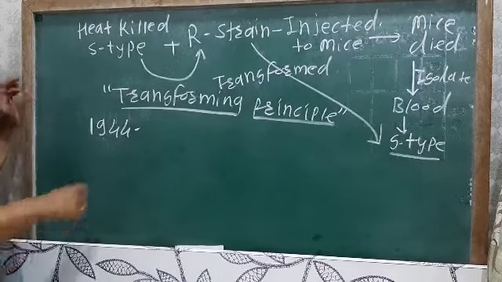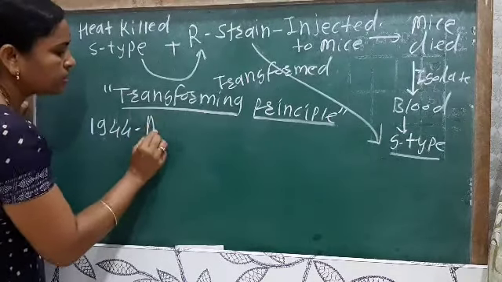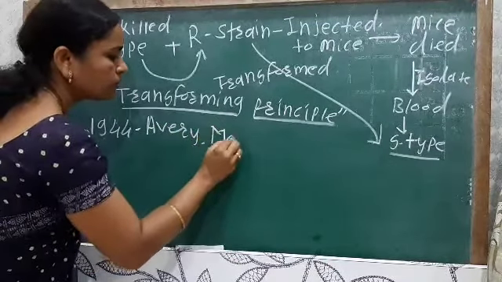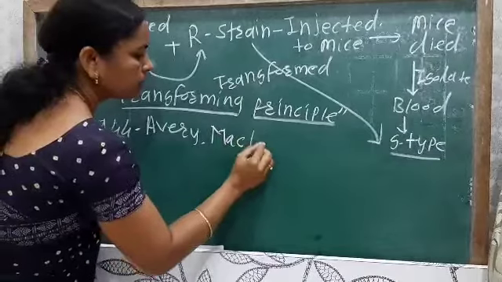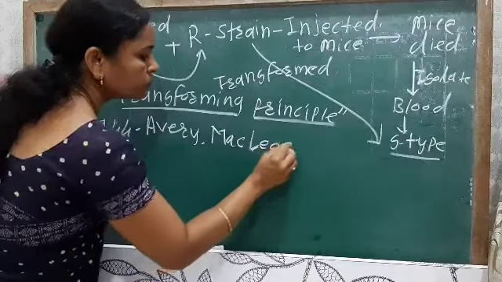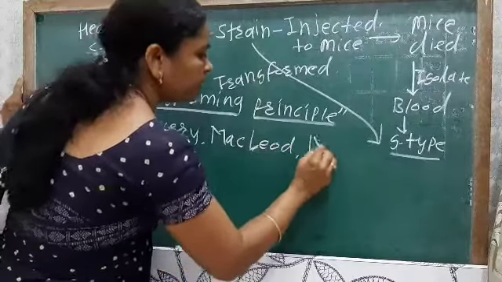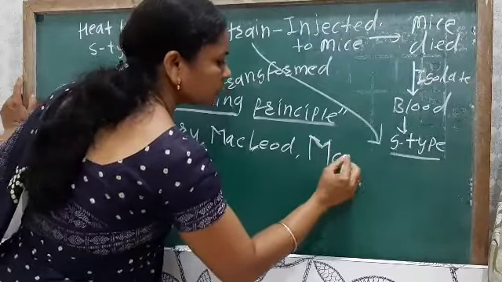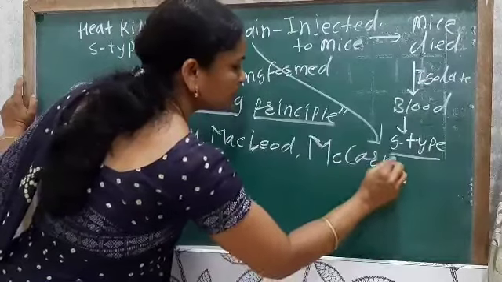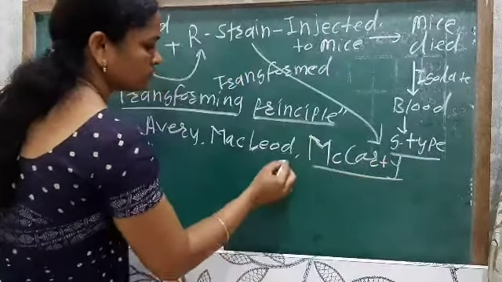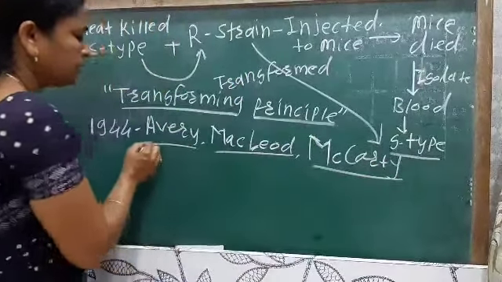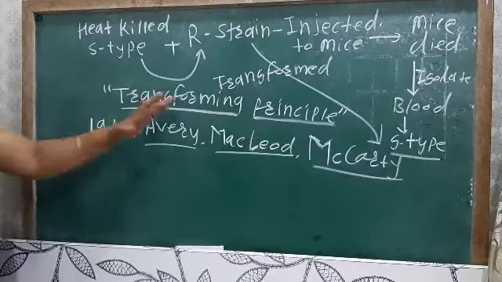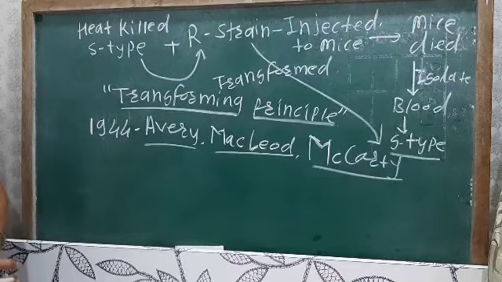So here the scientists Avery, MacLeod and McCarty, these are three scientists who proved which is the transforming principle.